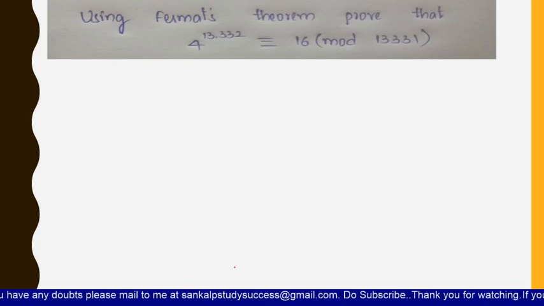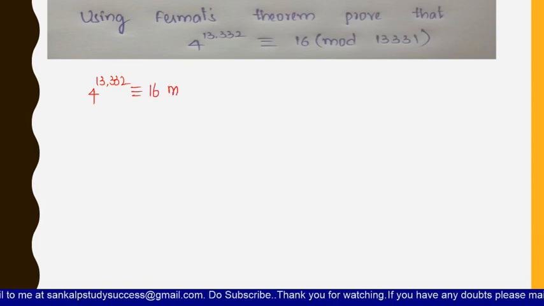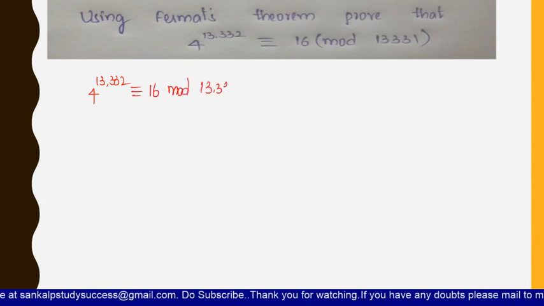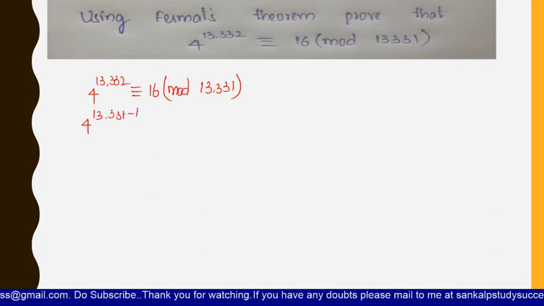So now let us write it in the form of a to the power p minus 1 is congruent to 1 mod p. Okay. So now writing 13,332, this is the given thing which I am writing here, 16 mod 13,331, right? So now let us write 13,331 minus 1. Am I correct? 13,331 minus 1. This gives 330, right? Let us write 13,331 plus 1, which is nothing but 332.